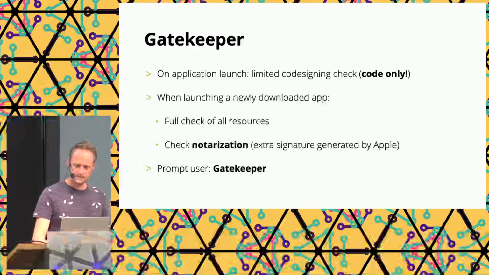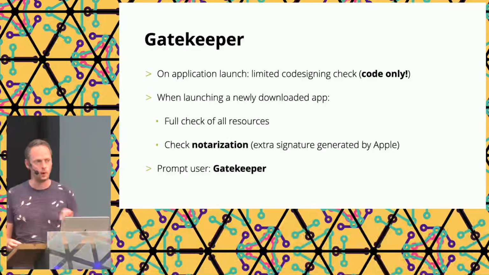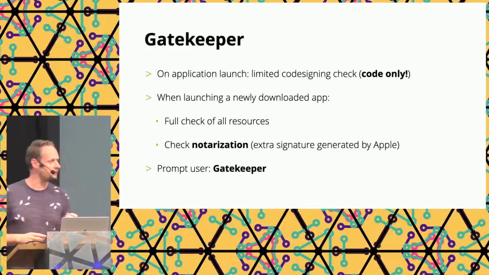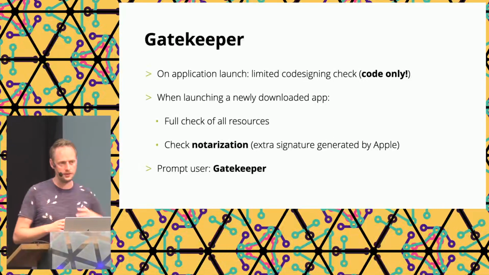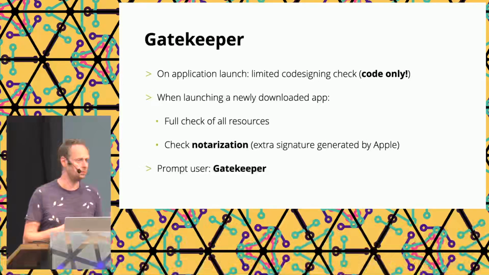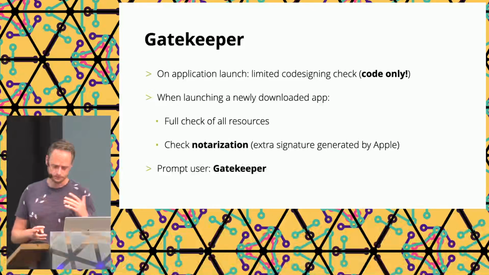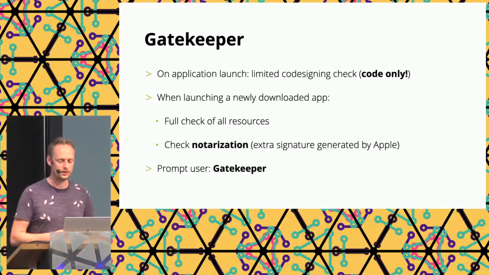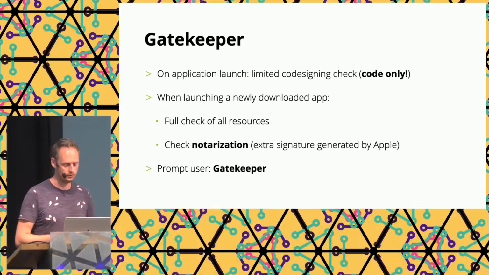And if you launch an application, the interesting part is that only the actual binary is checked for a valid signature. Resources are only checked when the app is first downloaded or first run, but after that, only the binary's signature is validated.